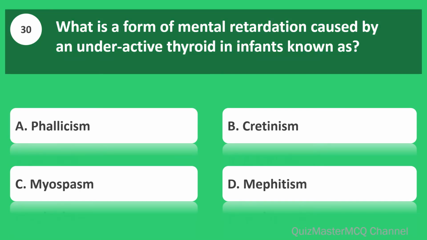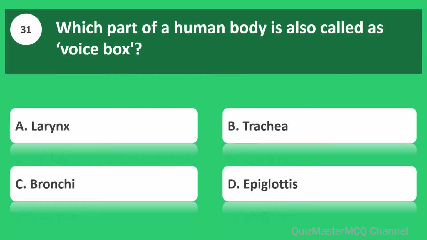What is a form of mental retardation caused by an underactive thyroid in infants known as? Cretinism. Which part of a human body is also called as voice box? Larynx.